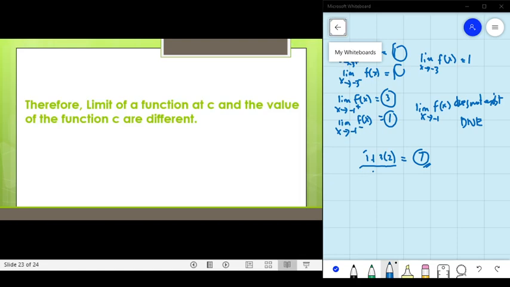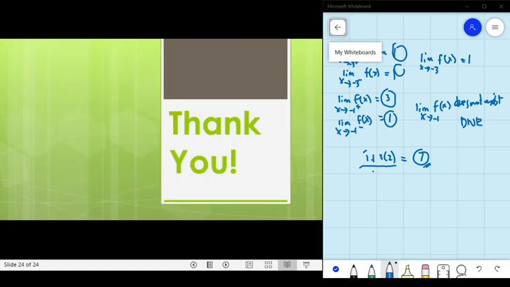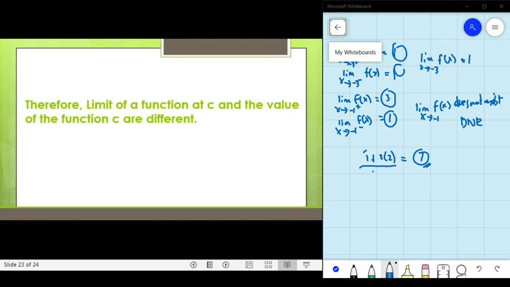Therefore, the limit of the function at c and the value of the function at c are different from each other. When you evaluate the function, you substitute directly, whereas for the limit of the function at c, you consider the values from the right and from the left of c.